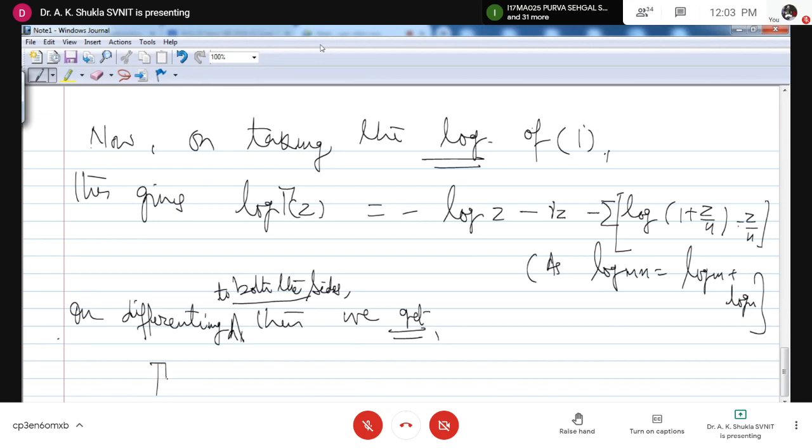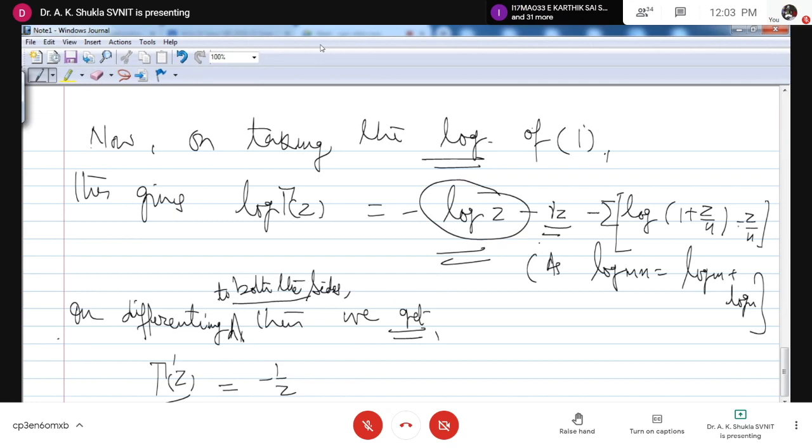So that can be written as gamma dash z upon gamma z equal to minus 1 upon z. Clear? This is log z. So the derivative of log z is 1 upon z, minus 1 upon z.